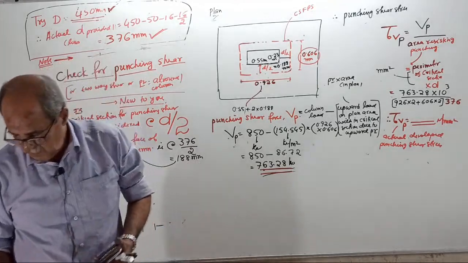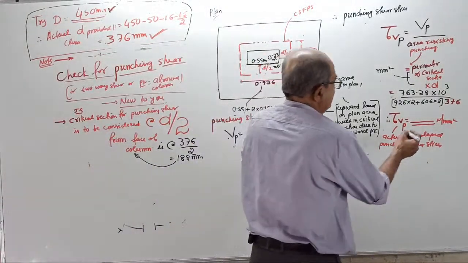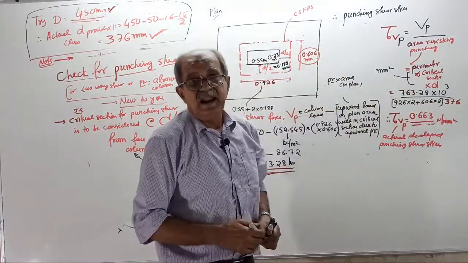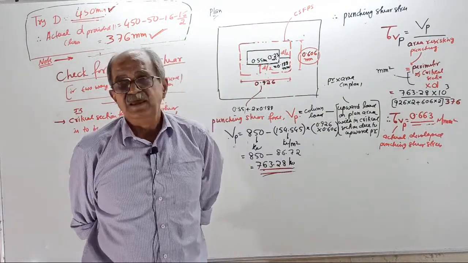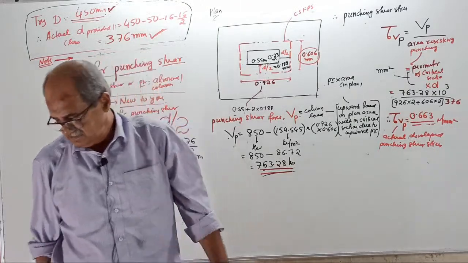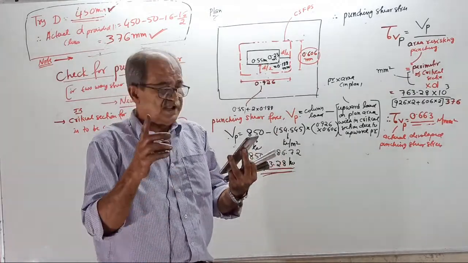How much did you get? Answer 0.663. Correct or not? 0.663 Newton per mm square. Tell me, correct or not? Fast, clear or not clear? If you say clear, I will go to the last step now. What is the allowed stress?